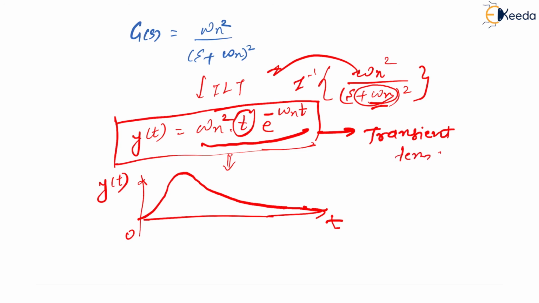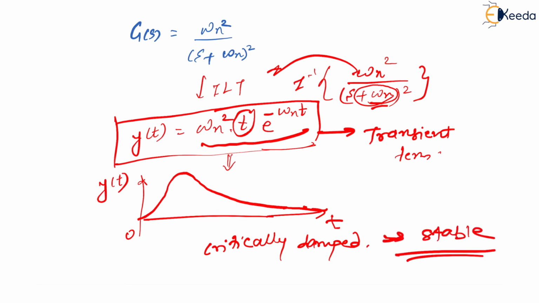Correct? Now what happens next? See what happened here. Impulse response, we know, is expected to be 0 when t tends to infinity. Correct? So when you say that the unit impulse response of a standard second order system in a critically damped case, because this is critically damped, will be always stable.